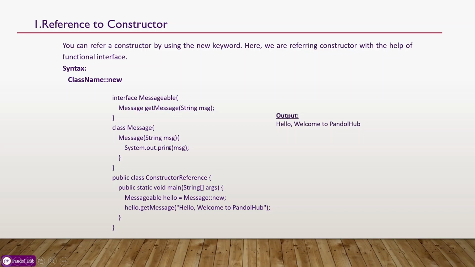So whenever we call this abstract method, this is the expression which needs to be called. So when I say hello dot get message, this will be called, which is the new constructor, which is the constructor of this class Message. So that is what gets printed here.